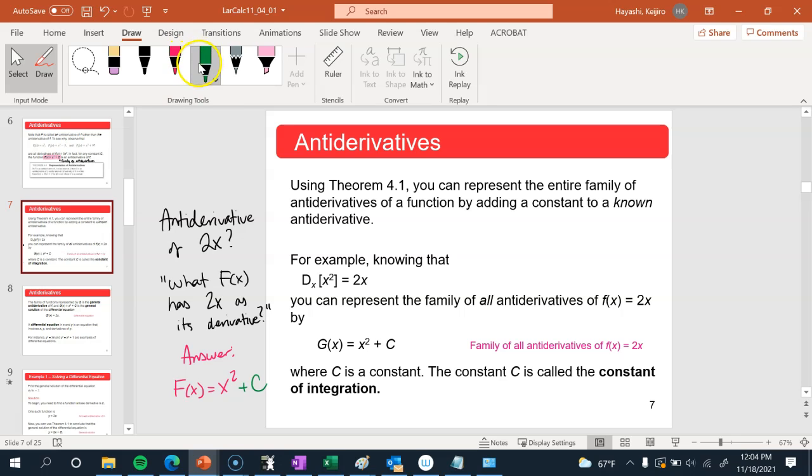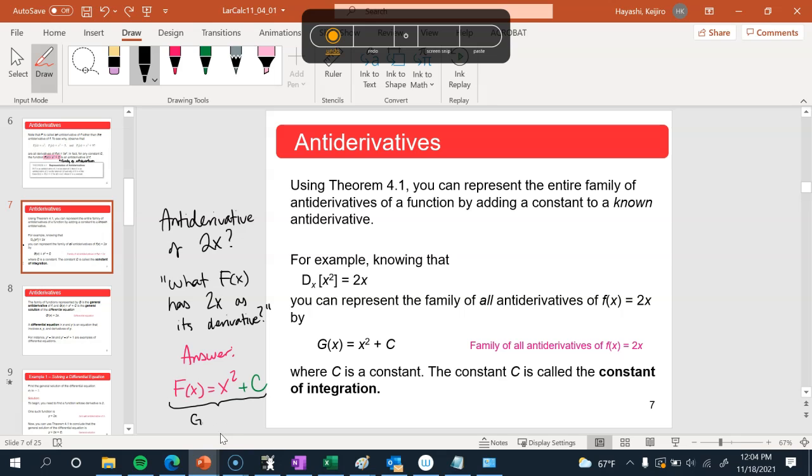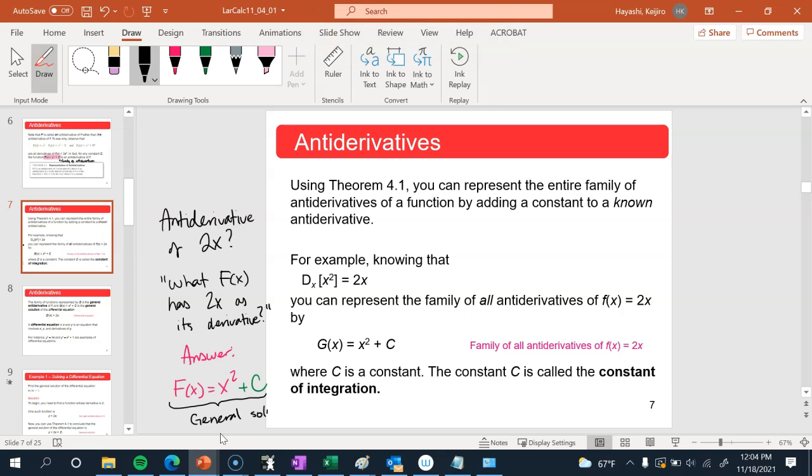And because this represents an entire family of antiderivatives, this, with the plus c at the end, is known as a general solution. Right? General as opposed to specific.